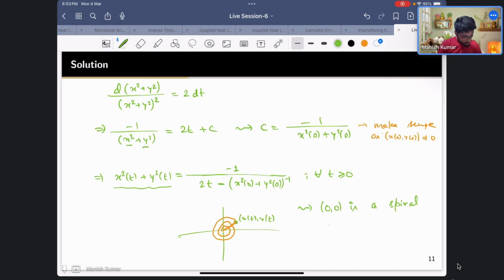So it's a spiral, you can say that it is a sink, a spiral for the nonlinear system.